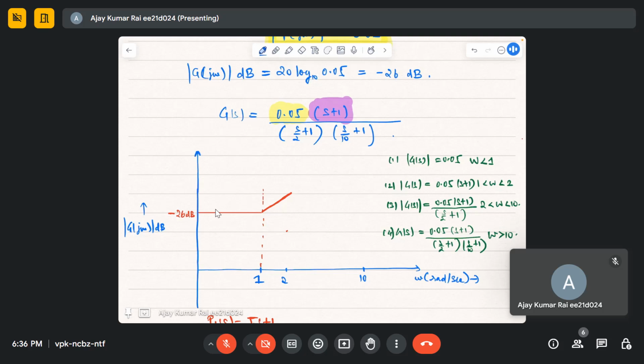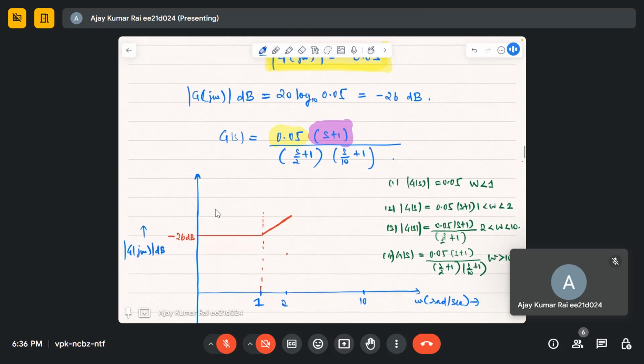Then at omega equal to 2, what is happening? s by 2 plus 1 will again start contributing. Let me add this also, so you have to see these effects also. Again it will flatten the curve here up to omega equal to 10.